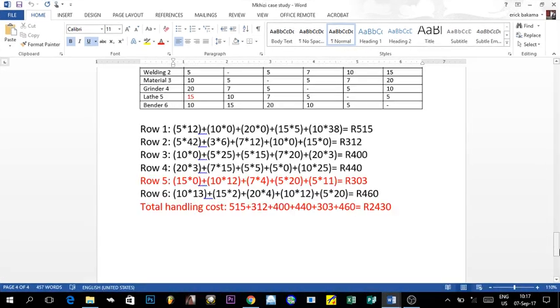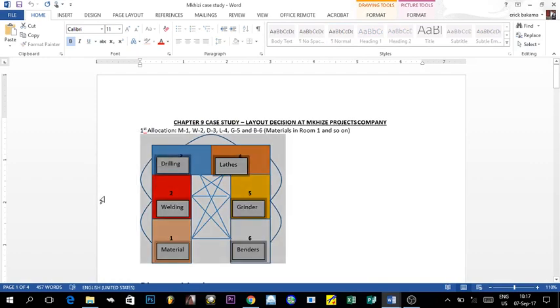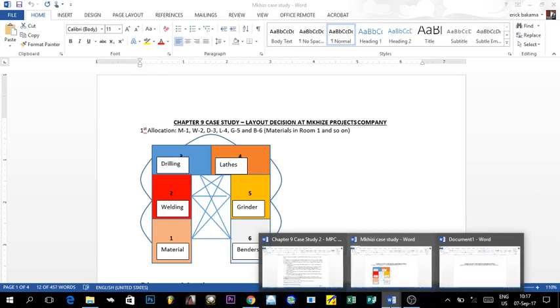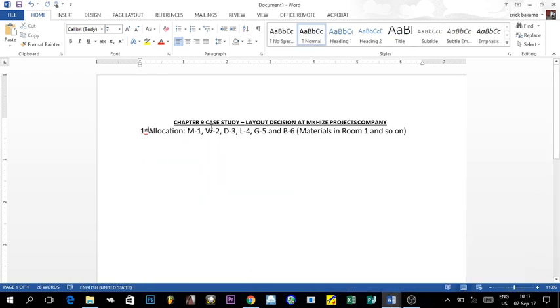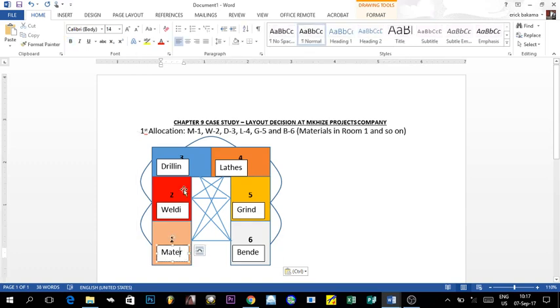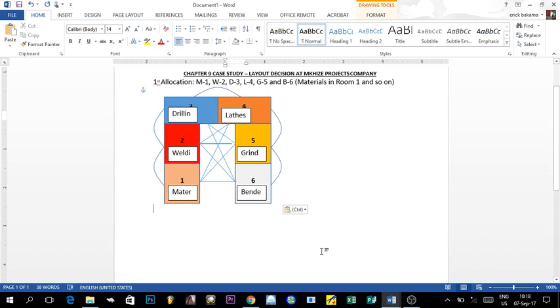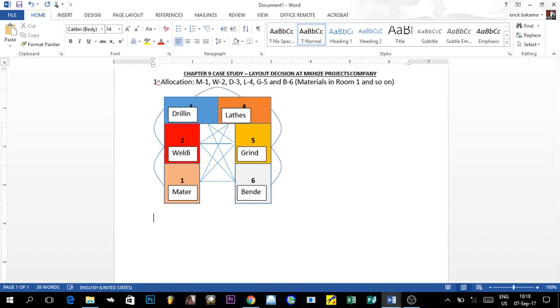So what we need to do first of all is from here, this is the first allocation itself. This is how the company would like to allocate the department. So it's more like in room 1 we have the material, in room 2 we have the welding, in room 3 we have the drilling, in room 4 we have the lathes, in room 5 we have the grinders, in room 6 we have the benders, and so on. So this is how it looks like. So now what is left? The first thing that we need to do is the distance matrix.